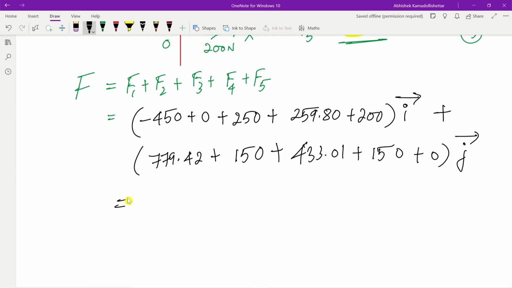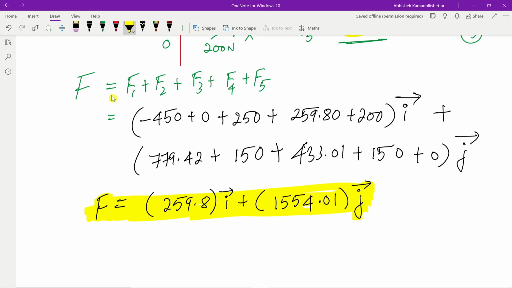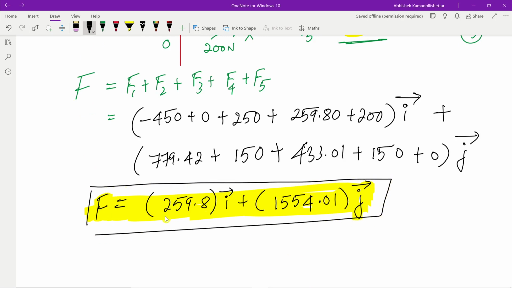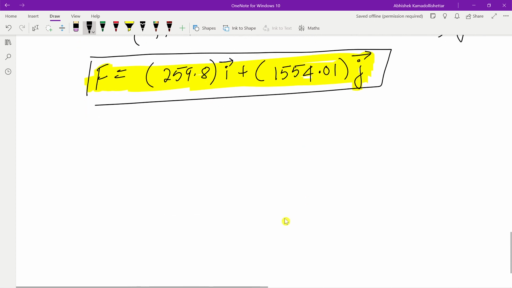Now we have to add these equations. So the final answer of the force F would be 259.8 into vector i plus 1554.01 into vector j. This is the final vector expression.